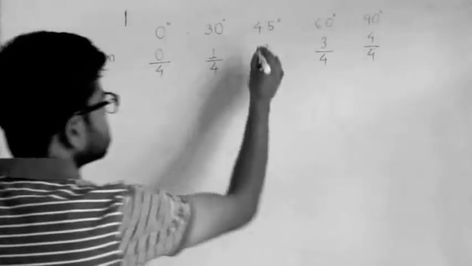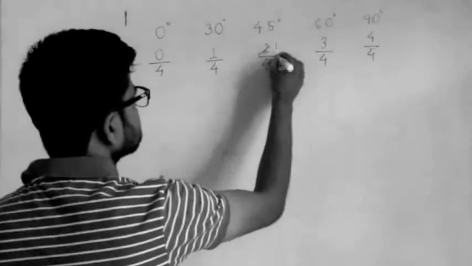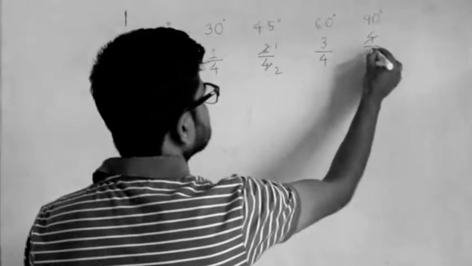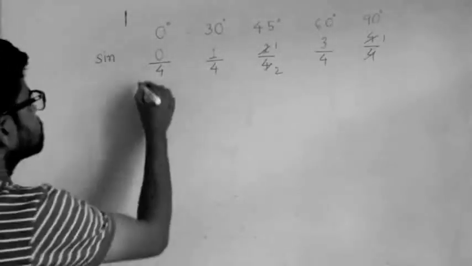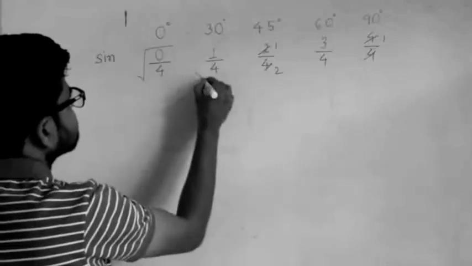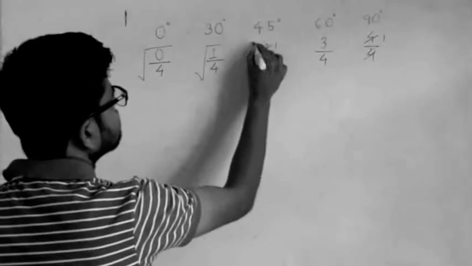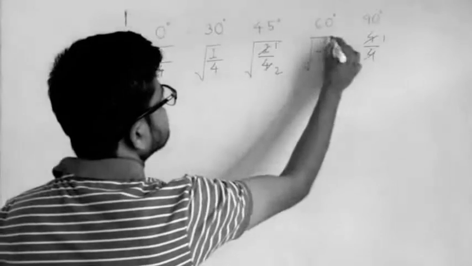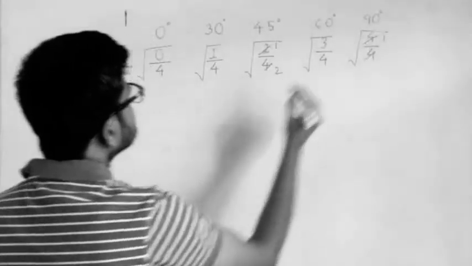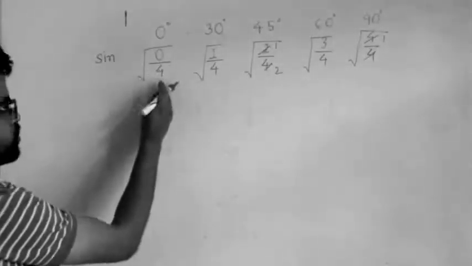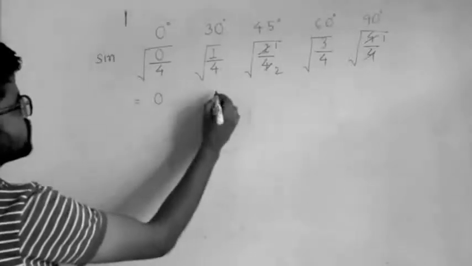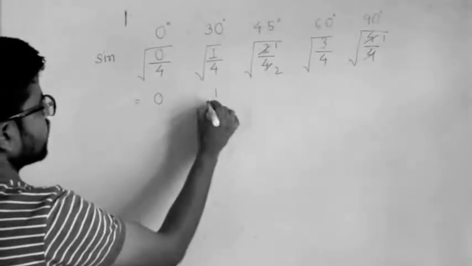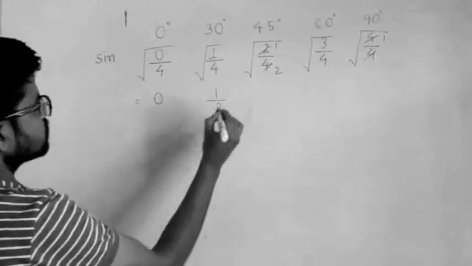Do the cancellation part wherever is possible. And after that, the next step is you find out the square root. Now 0 by 4 means 0, so the square root of 0 is 0, the square root of 1 is 1 and the square root of 4 is 2.